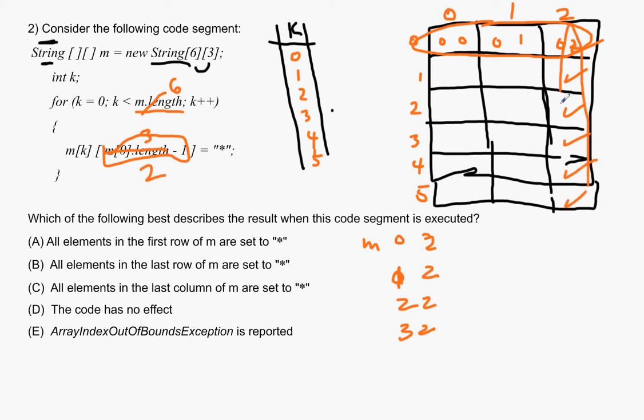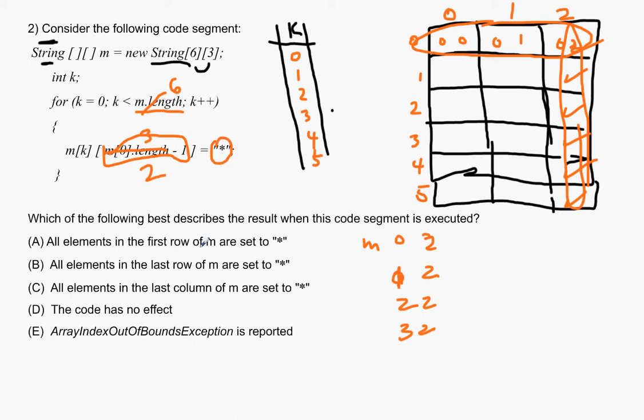It's going to be these guys right here. It's going to run through and reference each one of these cells, these elements in this two-dimensional array, and what is it going to do? It's going to put this character in each one of those.